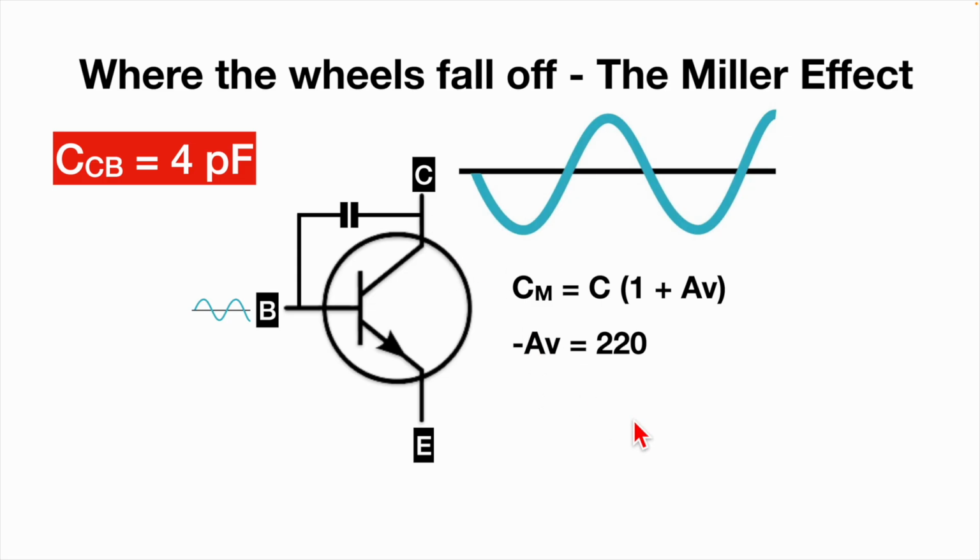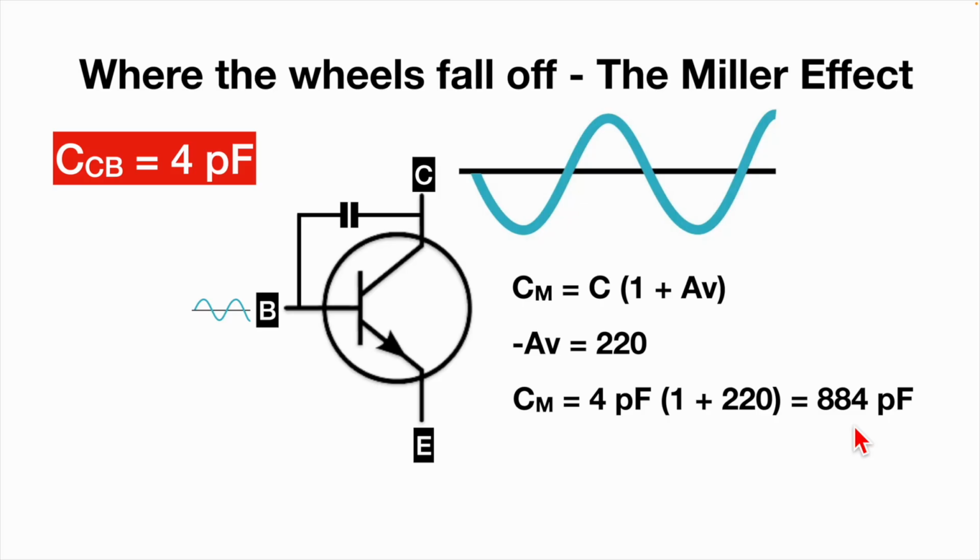So when you plug that in, the Miller capacitance for my design comes out at 884 picofarads. So what looks on paper like just 4 picofarads, what difference is that going to make? Actually, in real terms, when this is plugged into my amplifier, it ends up looking like 884 picofarads.